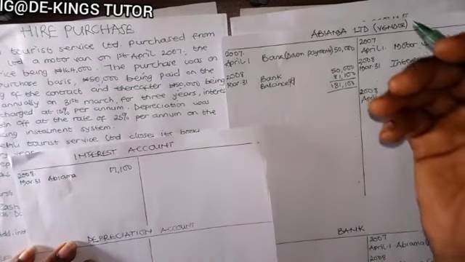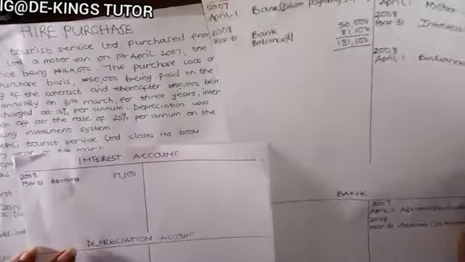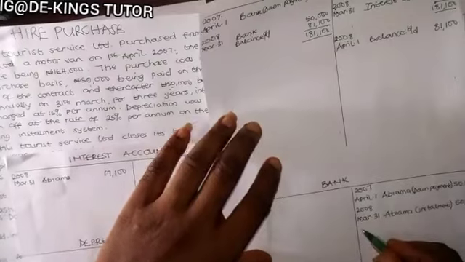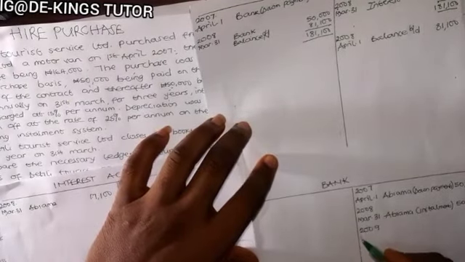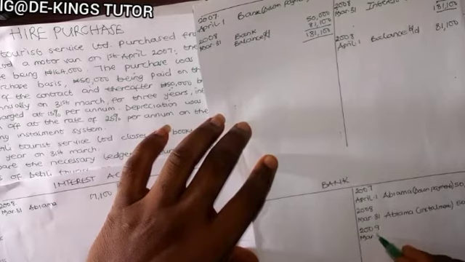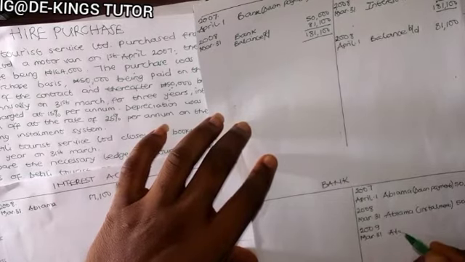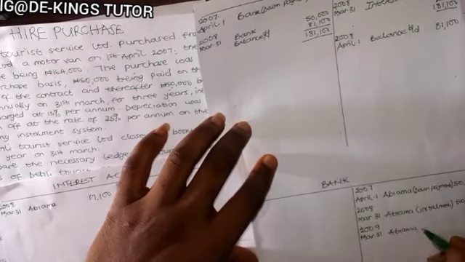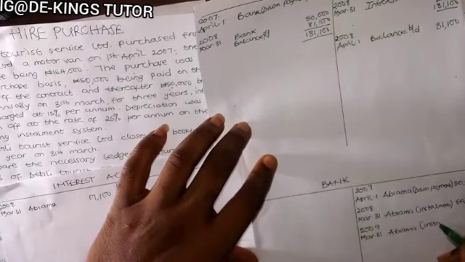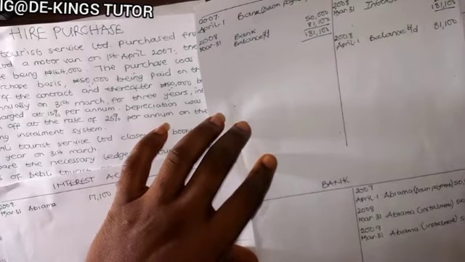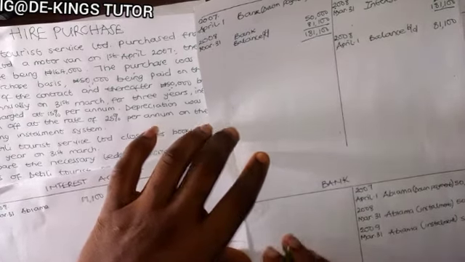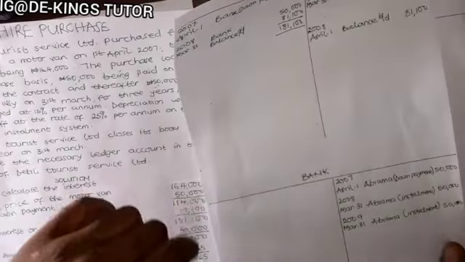Now, when the second installment is being paid, it is still the same process. So this one will not be 2008 but 2009, March 31st, being paid to Abiama, still installment, 50,000. Okay, so 50,000.